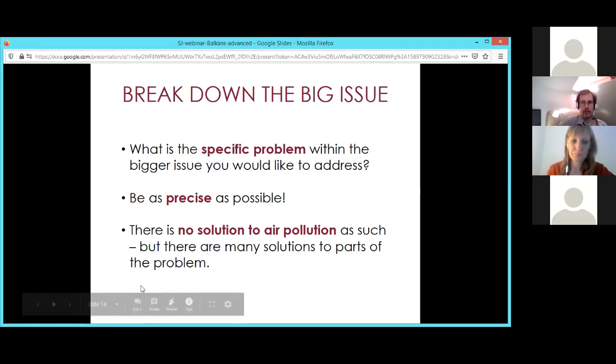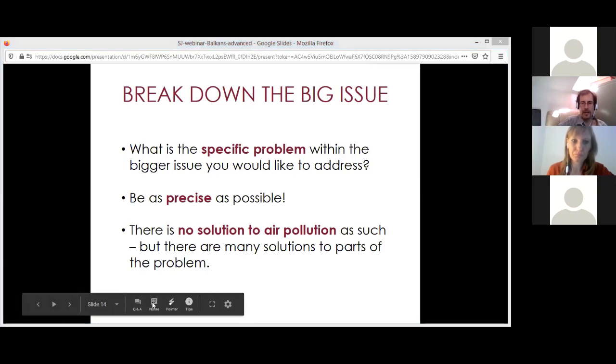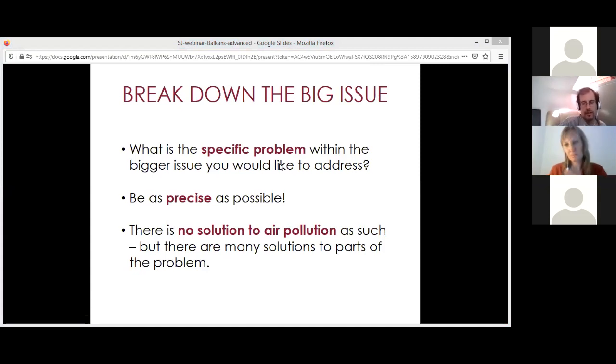You're not going to look at, say, all environmental solutions to global warming, or air pollution, or poverty. You want to take a specific part of the problem to address, because otherwise it's too overwhelming. It won't be possible in a single article. Maybe in a series of articles you can cover something broader, but definitely not in one article.